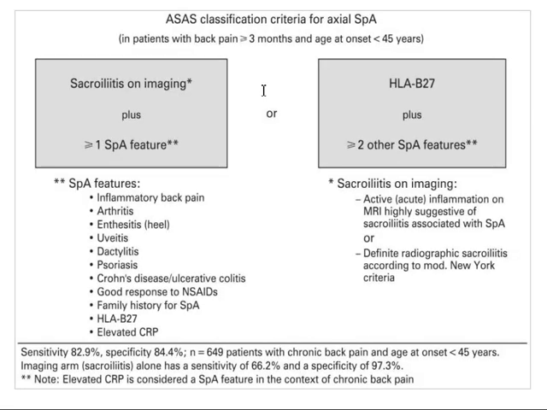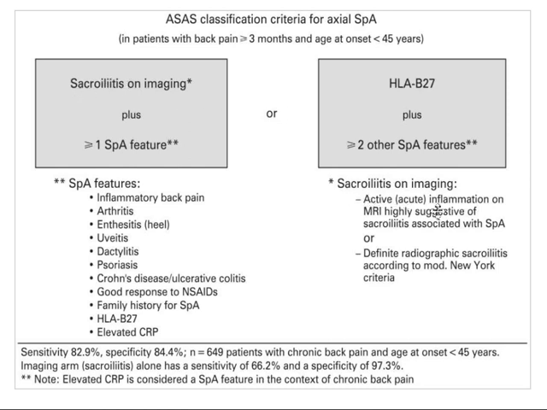Now this is the classification criteria for axial spondyloarthropathies. When there is sacroiliitis on imaging, there should be at least one more spondyloarthropathic feature. If it is HLA-B27 positive, there should be at least two other spondyloarthropathic features. How do you define sacroiliitis on imaging?